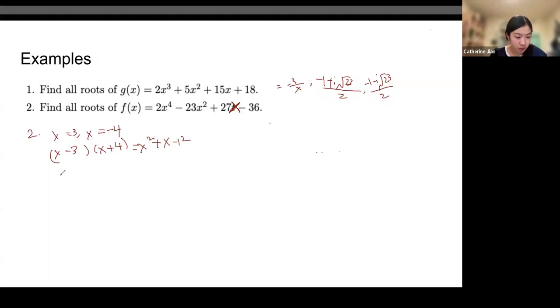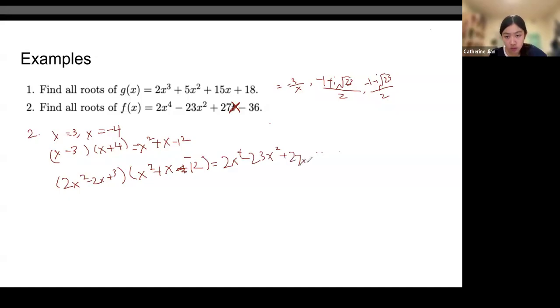From that we get that the leftover polynomial is 2x squared minus 2x plus 3. I'll write the full thing out: this times x squared plus x minus 12 is equal to 2x to the fourth minus 23x squared plus 27x minus 36.